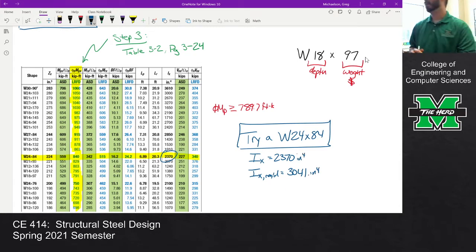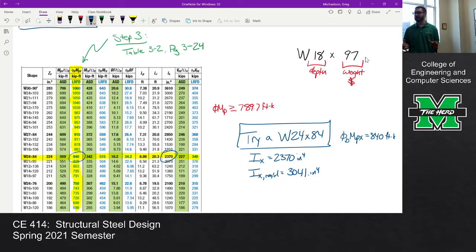That's a problem. Here's what that means. Let's make sure we understand the meaning behind this selection. For the W24 by 84, it has enough strength. The phi MP is 840.